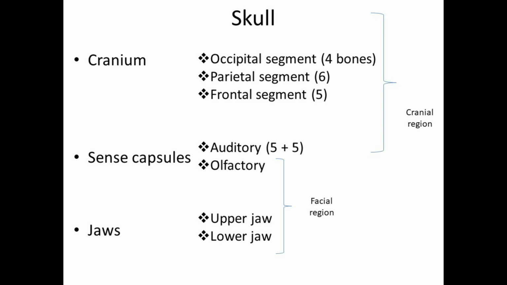The sense capsules are of 2 types. They are the auditory capsules and the olfactory capsules. Then the jaws. The jaws comprise the upper jaw and the lower jaw. The upper jaw is called maxilla and the lower jaw is called the dentary.